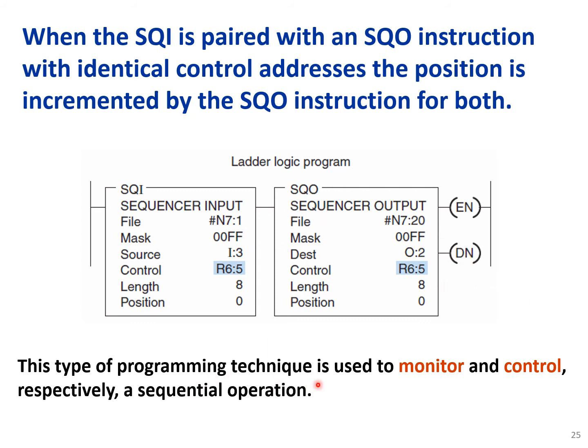This type of programming technique is used to monitor and control, respectively, a sequential operation. So we are monitoring by SQI and controlling by SQO.